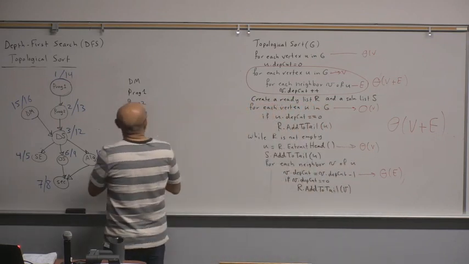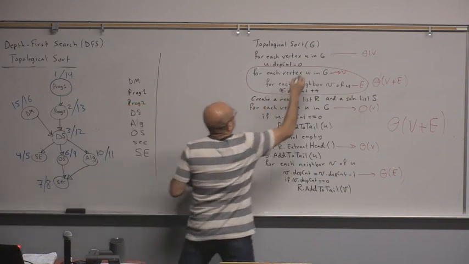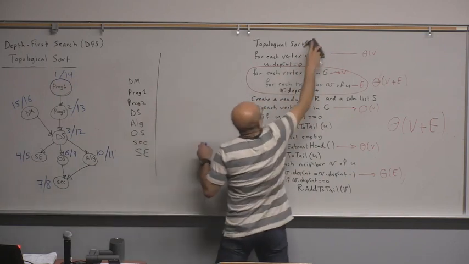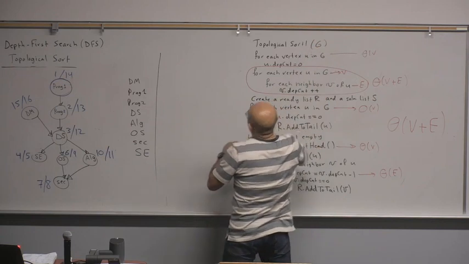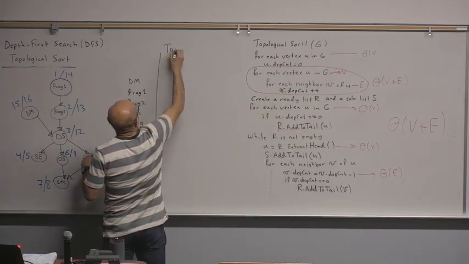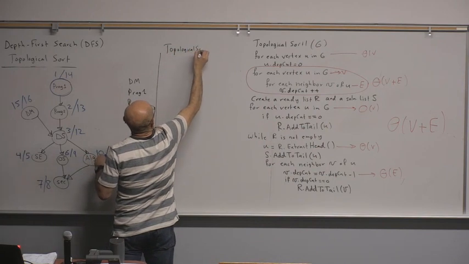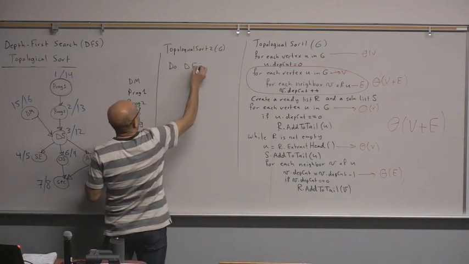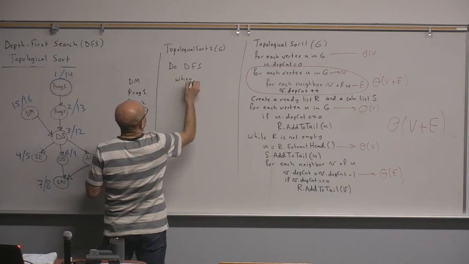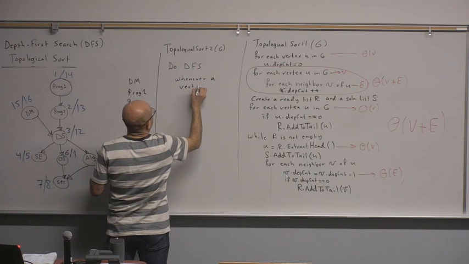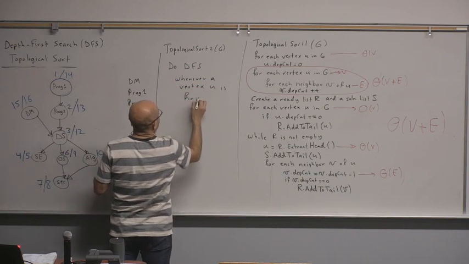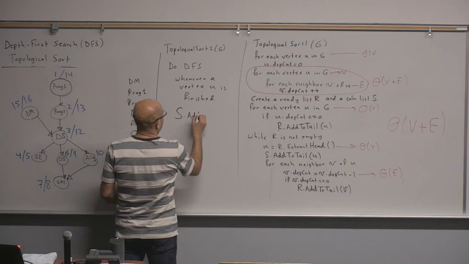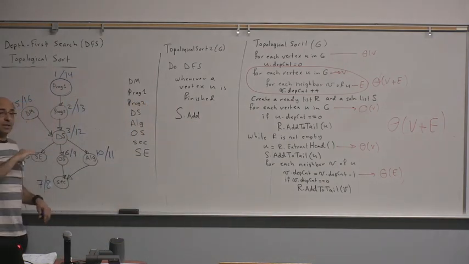So we can write this code as just, this is topological sort 1 of G, and this is topological sort 2 of G. So basically do DFS, and whenever a vertex U is finished, do S dot add to head or add to tail. So when we put at the bottom of the list.